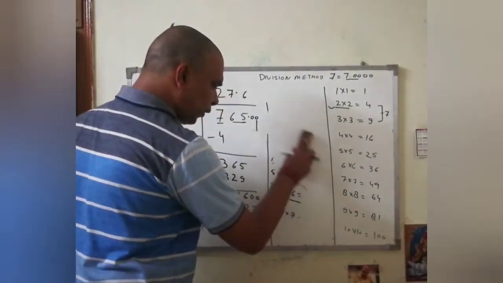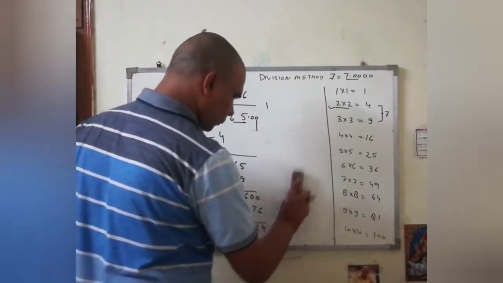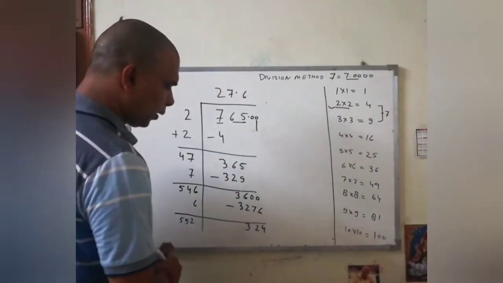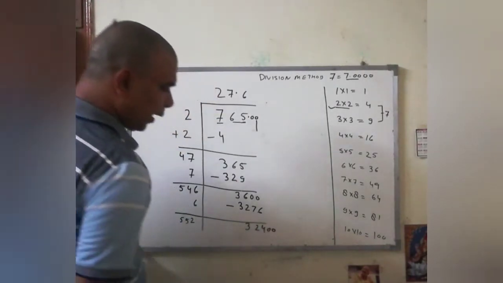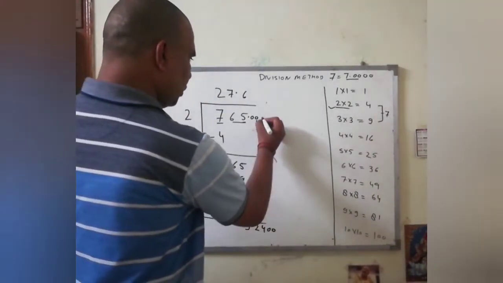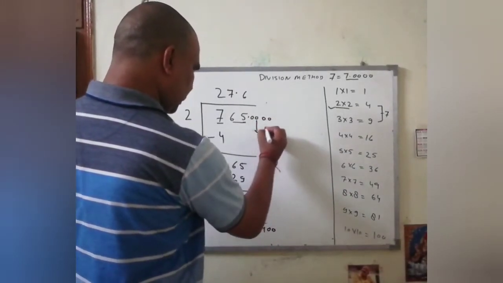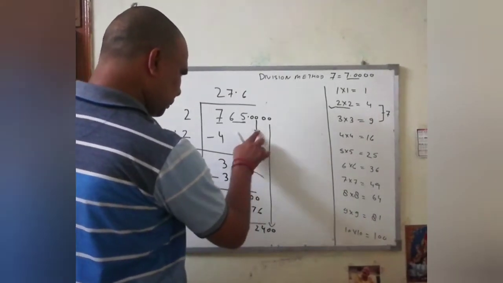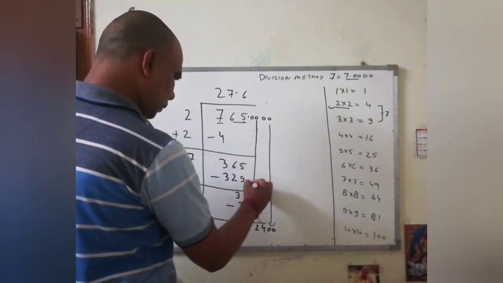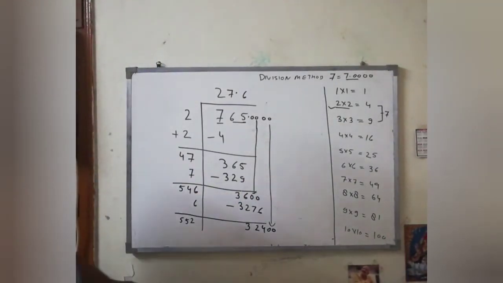It is also rough work. Okay. And here we can add 2 more 0. You can do this. This comes here and this comes here. Okay. Now you can check.